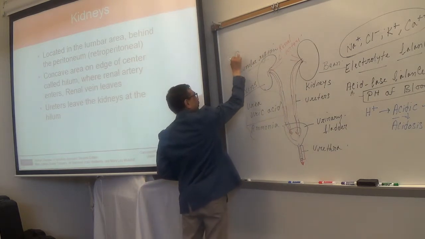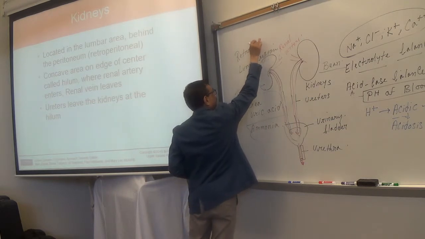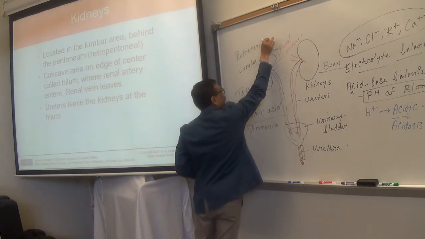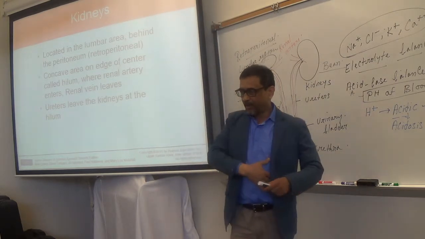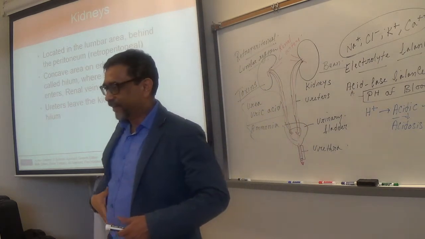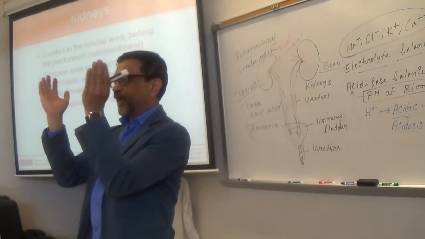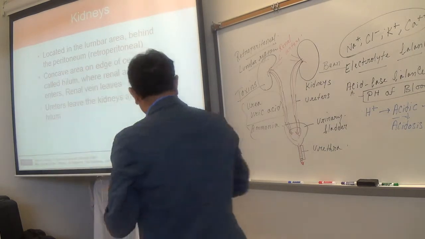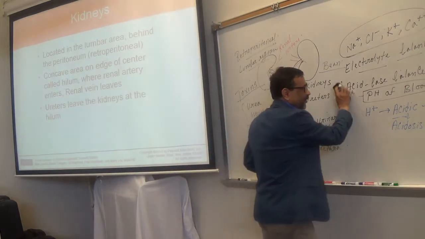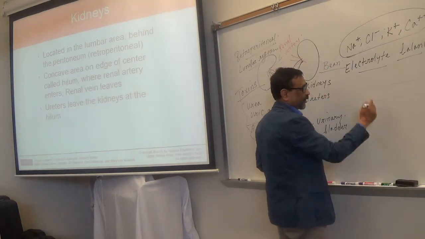And another thing to remember, kidneys are retroperitoneal. That means what? Retroperitoneal means outside of the peritoneal cavity. Inside the abdomen, you have the peritoneum. That's the covering of the abdomen. And kidneys are not located inside that. Kidneys are located outside of that.